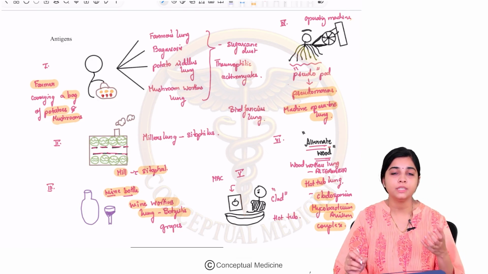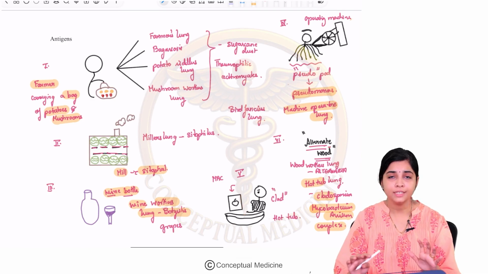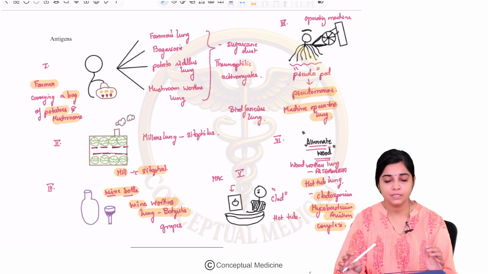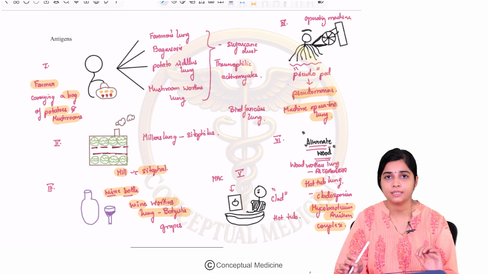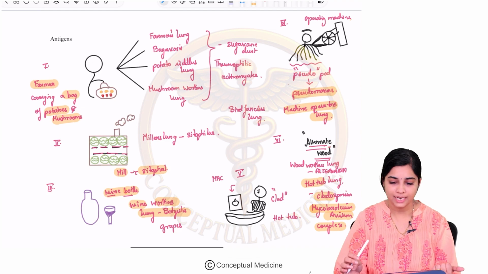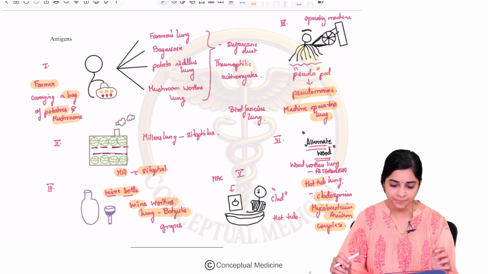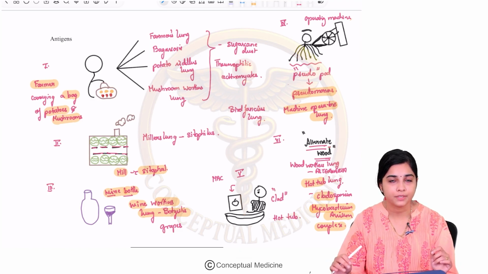It happens due to inhalation of bird droppings. Okay, so any of these antigens in any of these types of exposures can create a hypersensitivity response, resulting in damage to the alveoli. That is the reason why you should remember these fancy names and the fancy antigens and organisms. Okay, so we are clear about this, right?